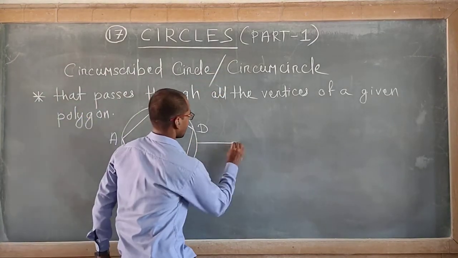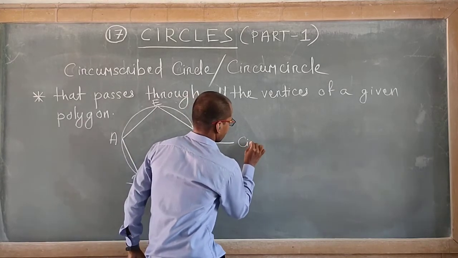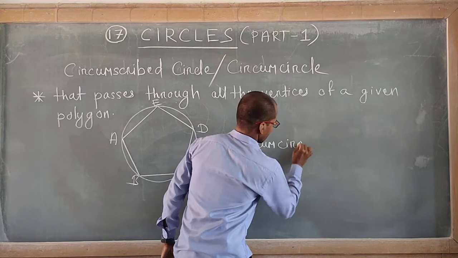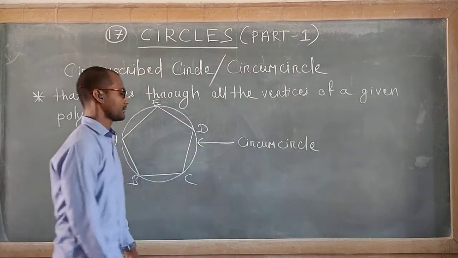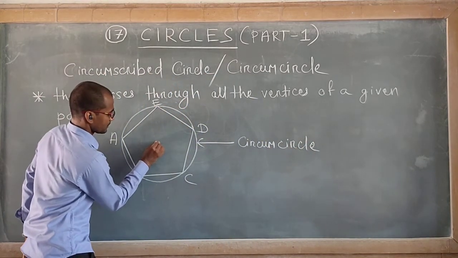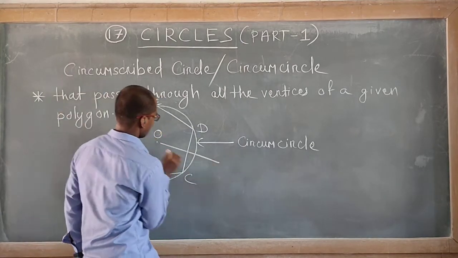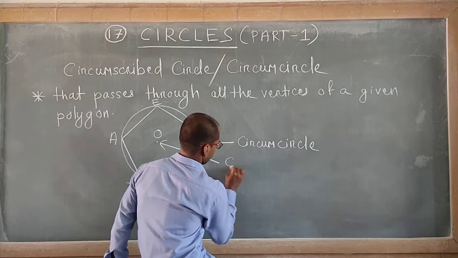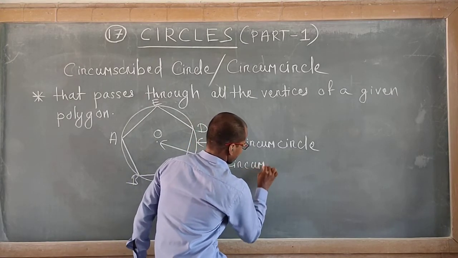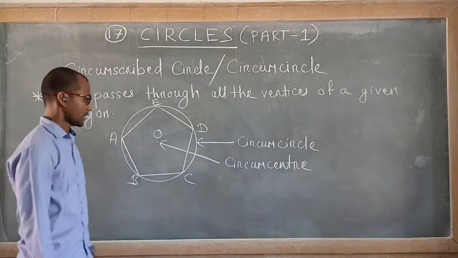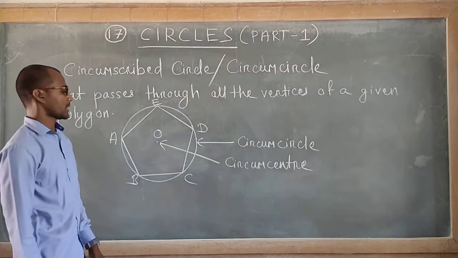So this is the circumcircle. Then its center, let it be O, is called circumcenter.